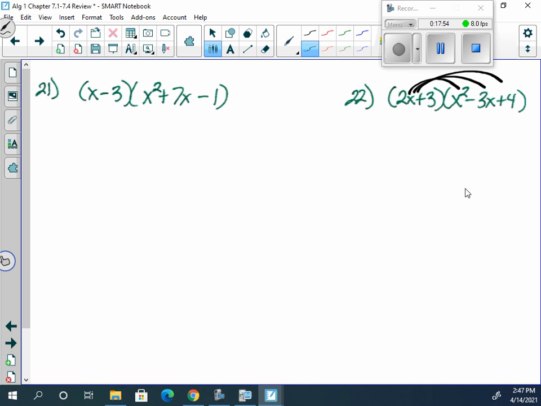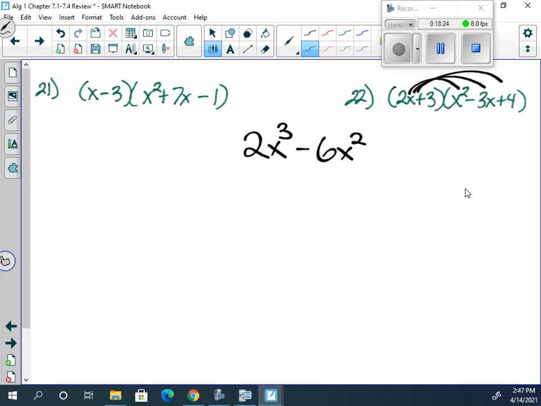So we'll do 2x times x squared, which would be 2x cubed, because x times x squared would be x cubed, and 2 times 1 is 2. Now we'll do 2x times negative 3x. Well, we know for sure it's going to be negative. Positive and negative make it negative. 2 times 3 would give us 6, and x times x would be x squared.